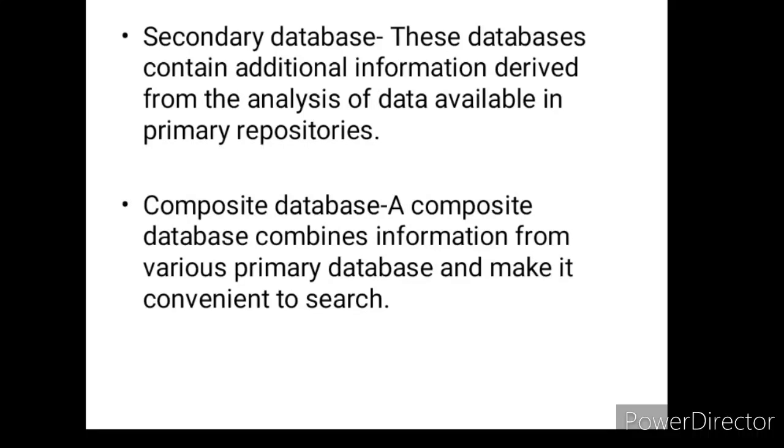There is another type of biological database, that is the composite database. A composite database combines information from various primary databases and makes it convenient to search the desired information without querying all these primary databases.